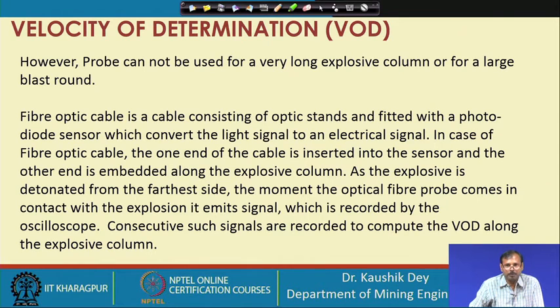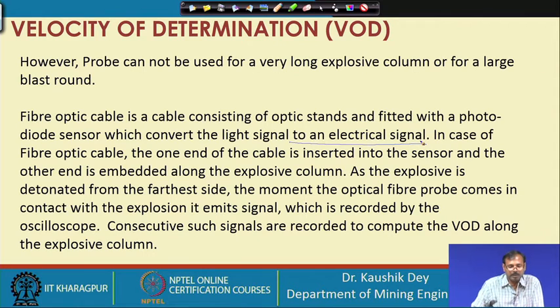However, the problem of the probe can be overcome by using the fiber optic cable. Fiber optic cable basically consists of optic strands fitted with a photodiode sensor, which converts the light signal to an electrical signal.